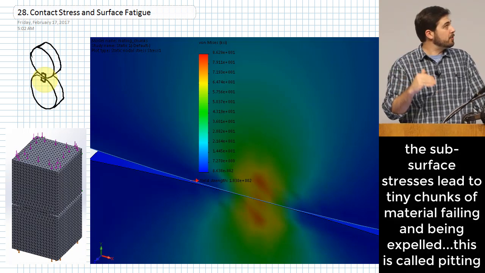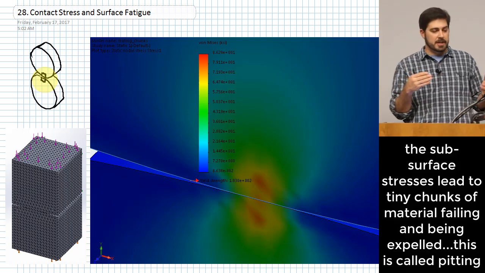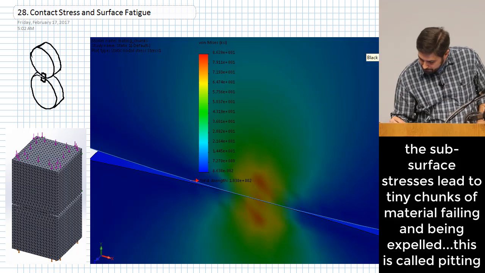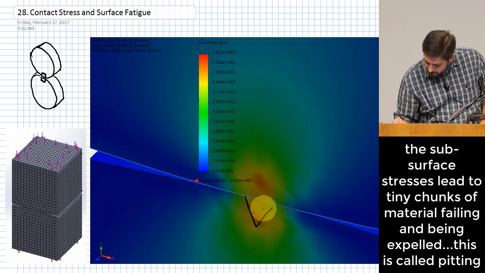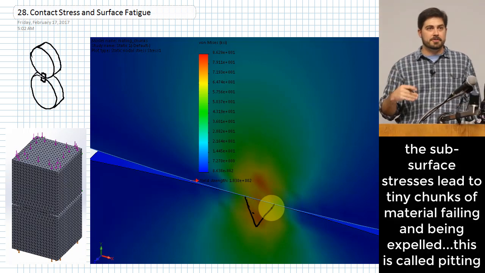And whenever a part like this begins to fail in contact fatigue, it actually has little bits of material that would come from these little areas right here. There are little chunks of material that essentially come out, right?